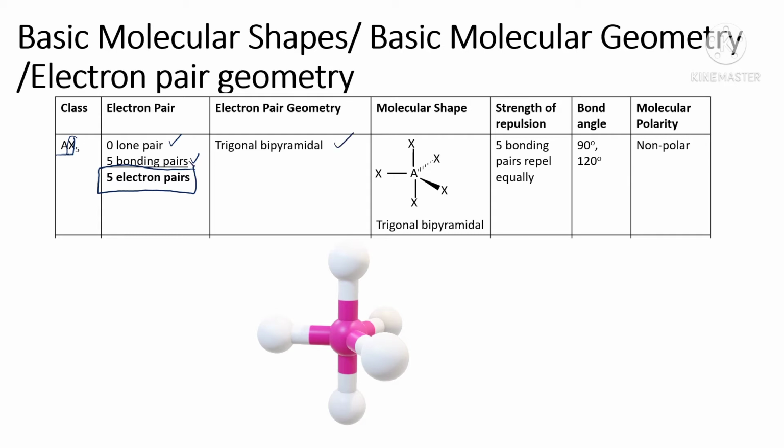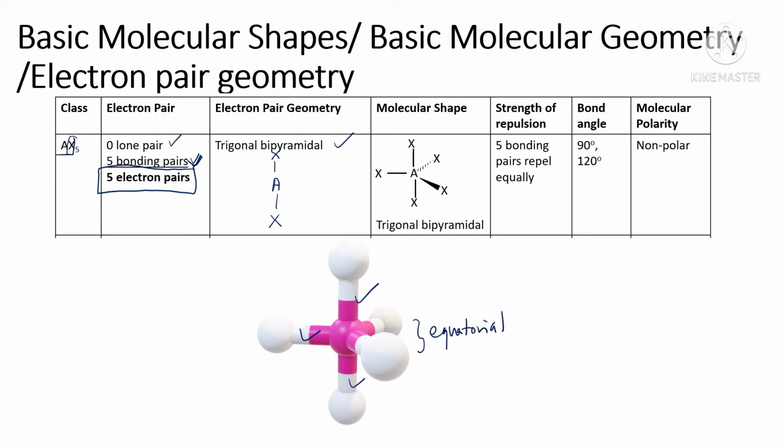Basically, these 5 bonding pairs need to stay as far apart as possible to minimize the repulsions. So the basic molecular shape that it is going to adopt has 2 bonding pairs in the axial plane, and then another 3 on the equatorial plane.